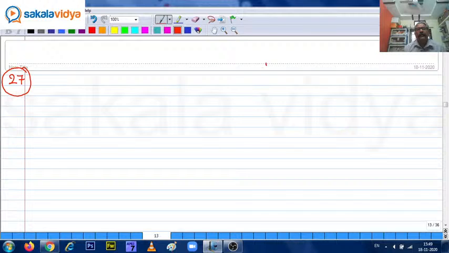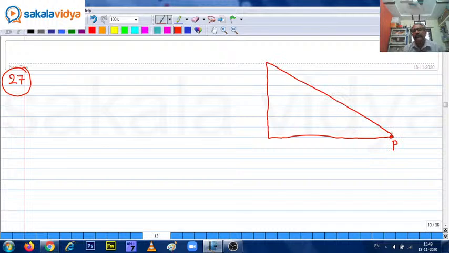So this is the tower. For example, this is point P. The angle of elevation to the top of the tower is alpha.